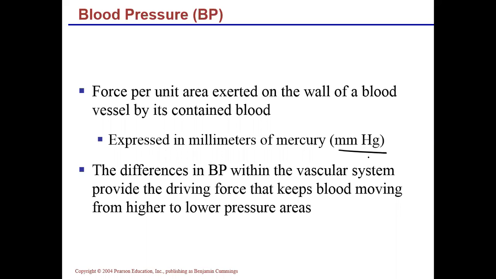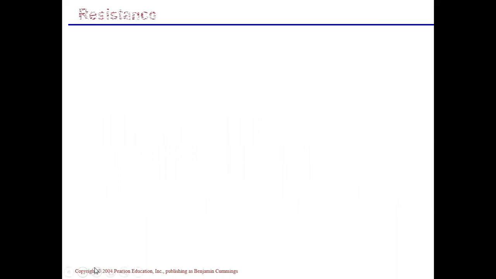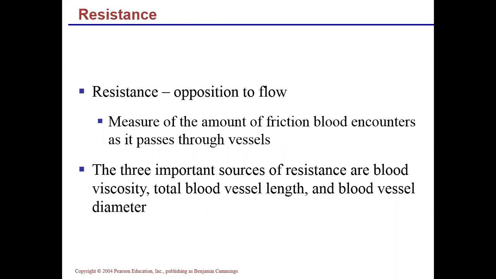All right. So three factors that are affecting the blood pressure that are really important are as follows. One is the viscosity. Let's go ahead and take a look at the viscosity.